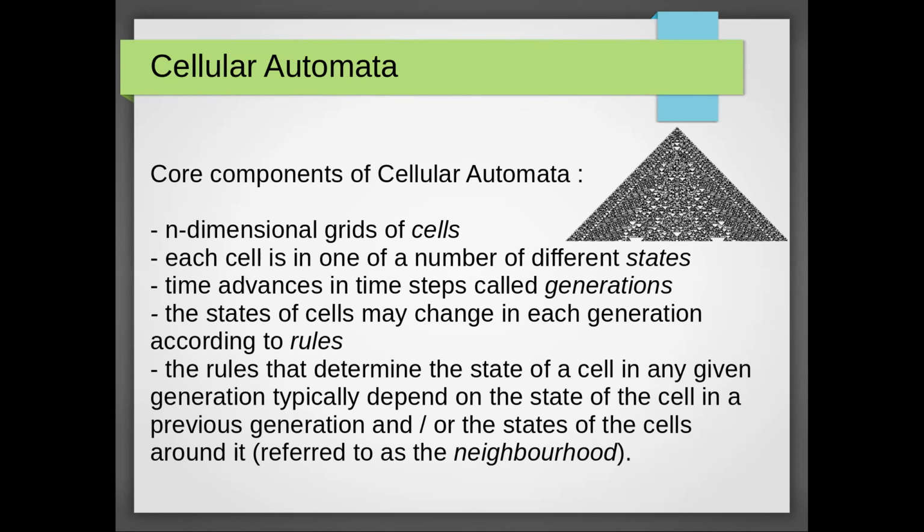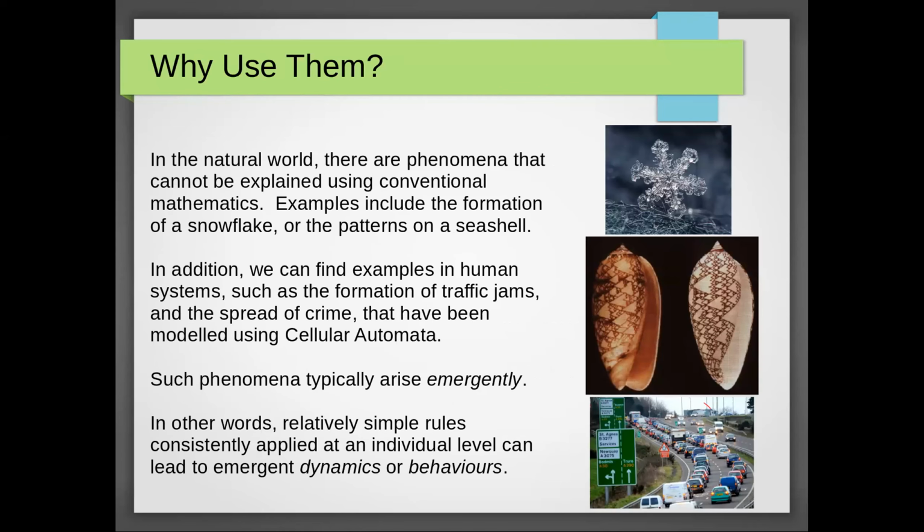Time advances in generations, and the states of those cells will change between generations, and that's typically dependent on what state a particular cell is in one generation, and also what states its neighbors are in, the cells that surround it. Okay, so all this will become much clearer as we look at some examples.